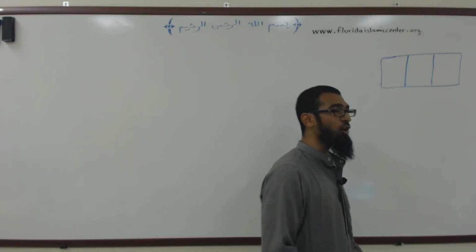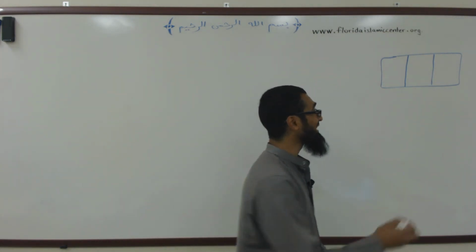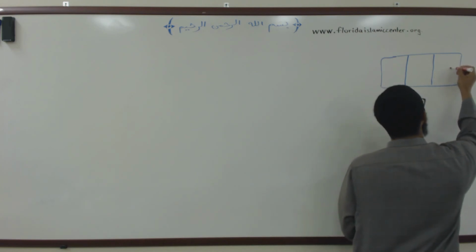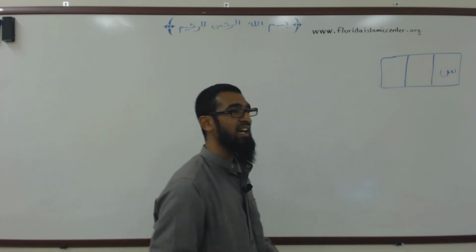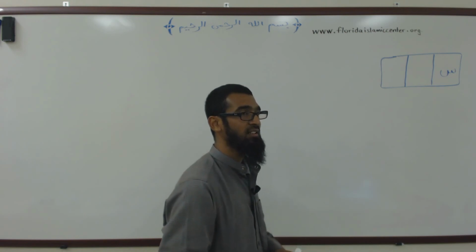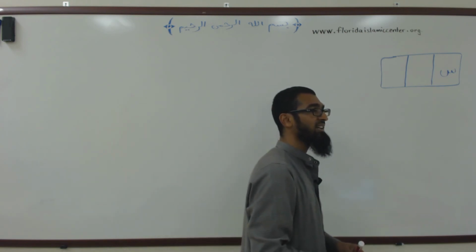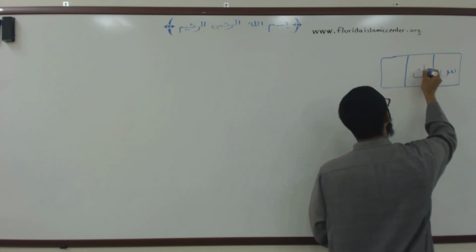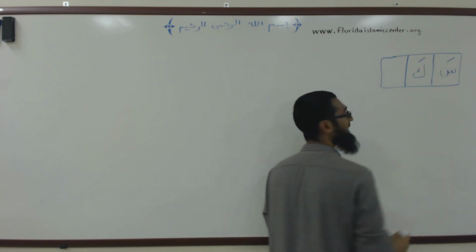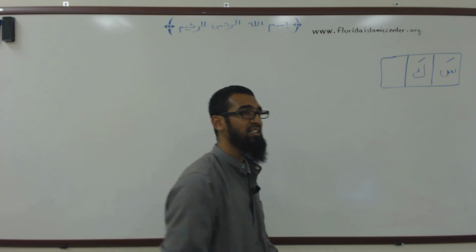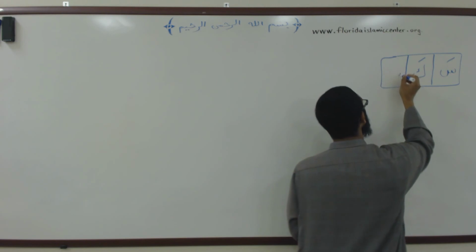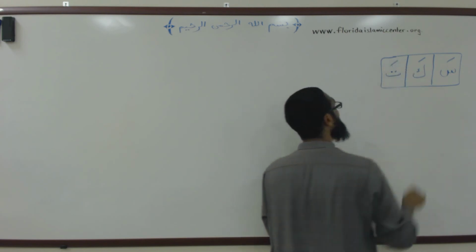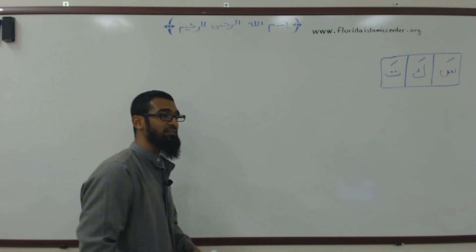Did I say sakata or sokata? Sakata. So the first letter was a sin, right? What's the second letter? Ka. Kaf, right? And the third letter? Ta. What letter is that? Ta. How many dots? Sakata. That's the word.